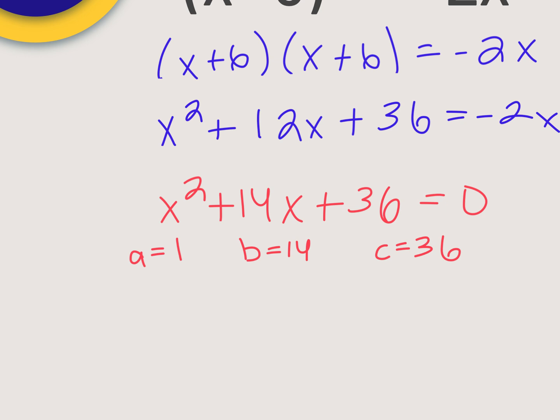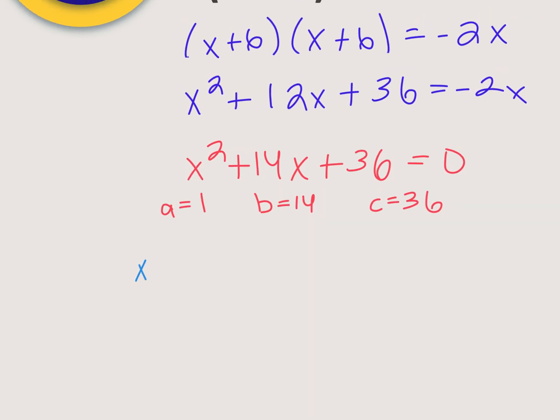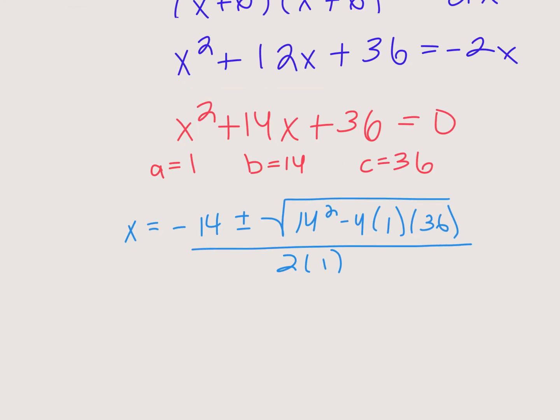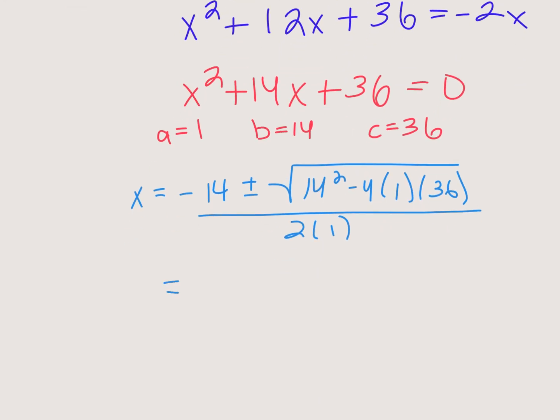And now we just put it into our quadratic formula. X equals negative b, so negative 14, plus or minus the square root of 14 squared minus 4 times 1 times 36, all over 2 times 1. And now we simplify. Negative 14.